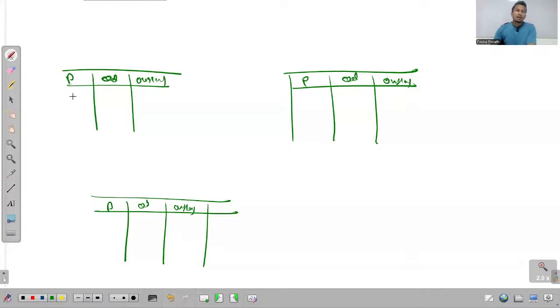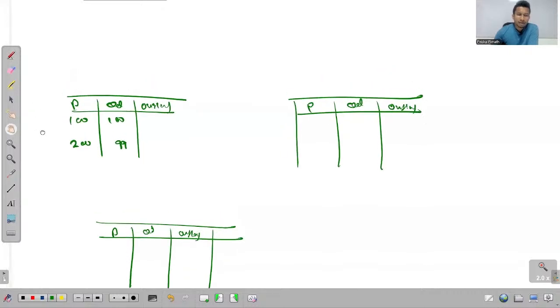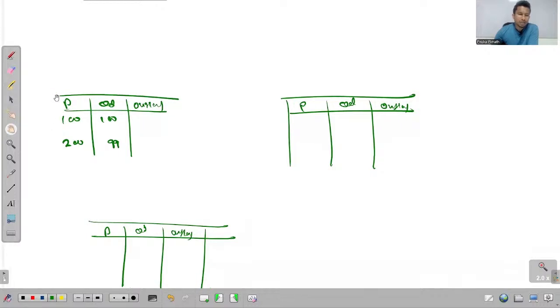Now, let me write 100 here, and QD is also 100. Let's assume so. And let me increase the price to 200, and the quantity demanded is just 99. Now, what type of demand do you see here, elastic or inelastic? Tell me the answer.